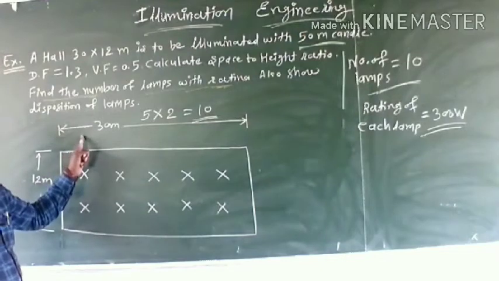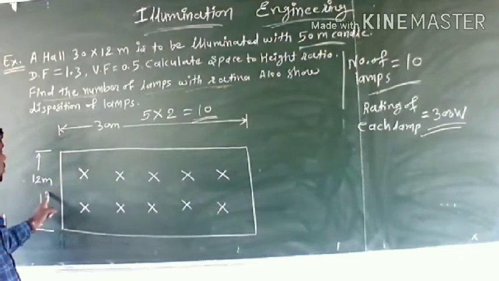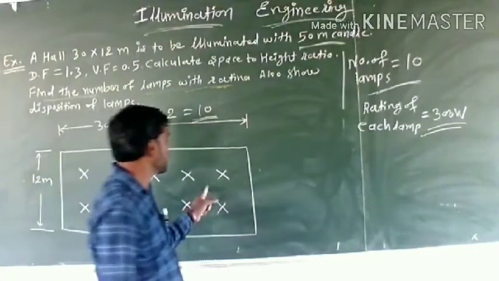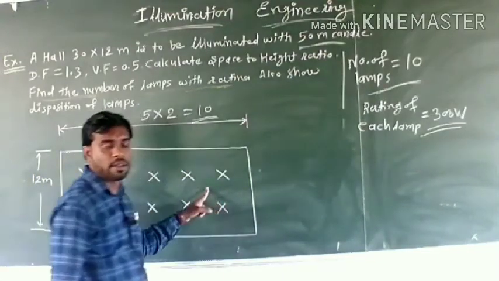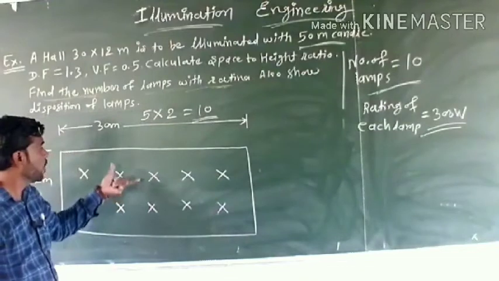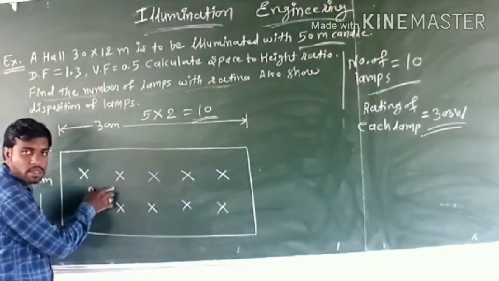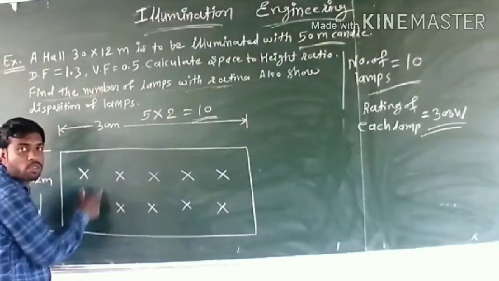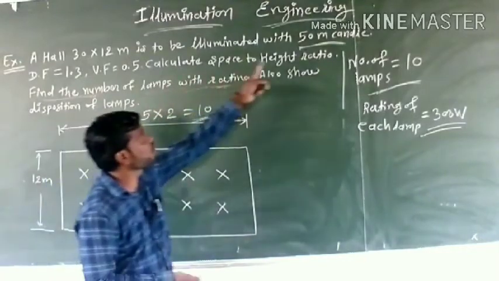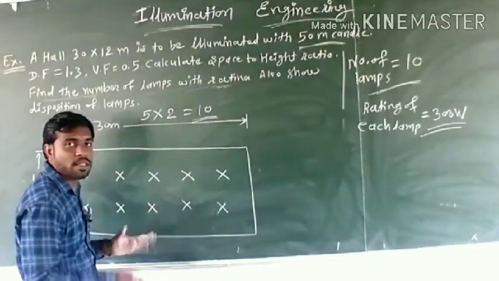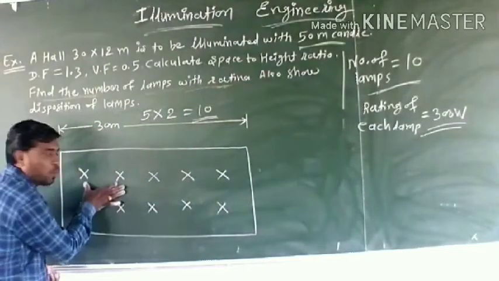So this is the area, 30 meters, and here the width is 12 meters. Now from this area, we have to calculate the distance between the adjacent lamps, because we have to calculate the value of the space to height ratio. For this, we have to calculate the distance between two lamps.